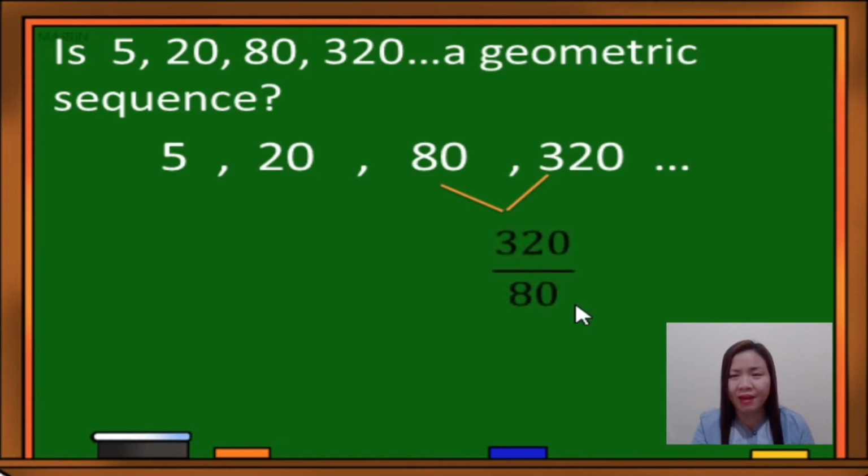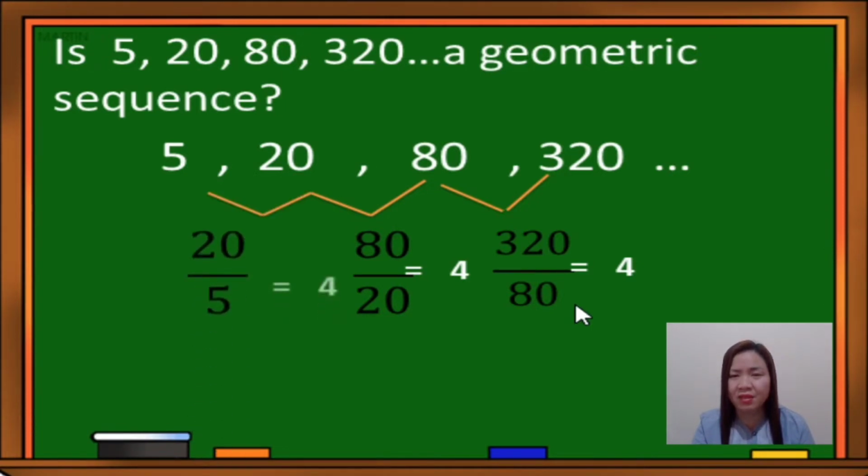So we have 320 divided by 80, and the answer is 4. Another, 80 divided by 20, and the answer again is 4. And 20 divided by 5, and the answer is 4.